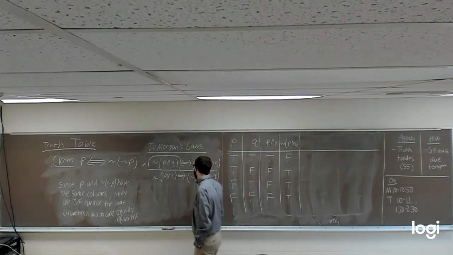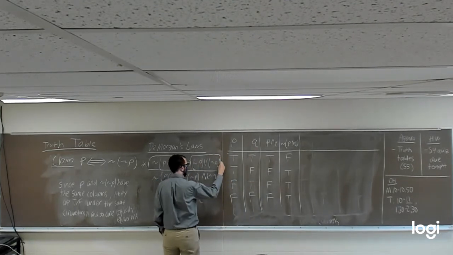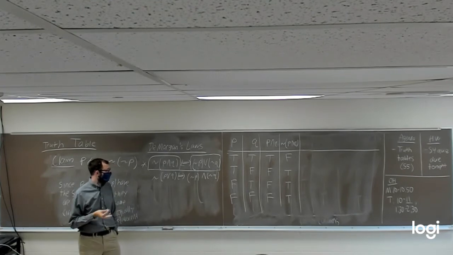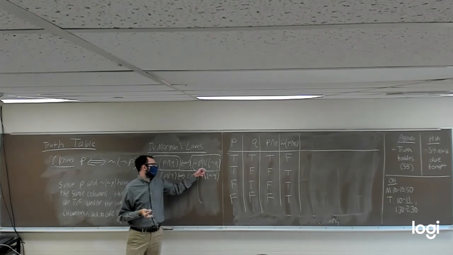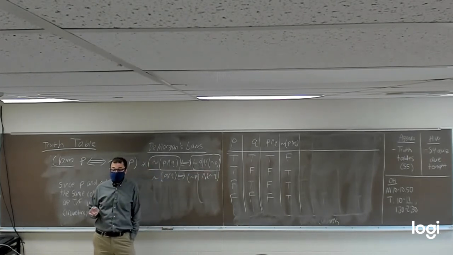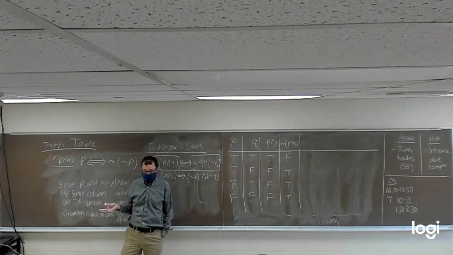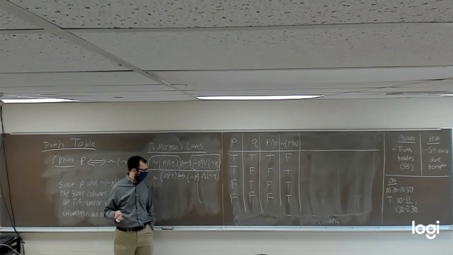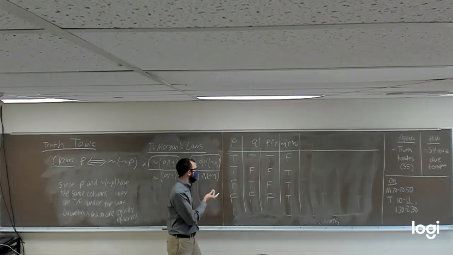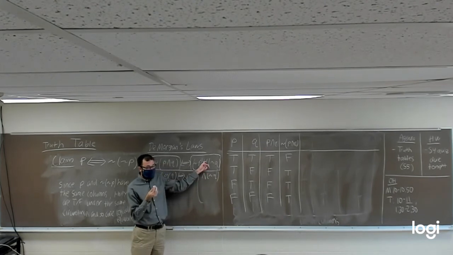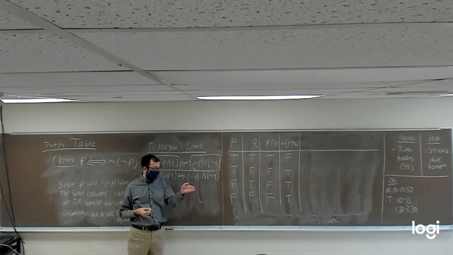We'd like to show that our column for not P or not Q turns out to be the same thing. So before we make a column for not P or not Q, what column or columns would it be helpful to have individually first? As ancillary columns that'll help us get from P and Q individually to this compound statement.